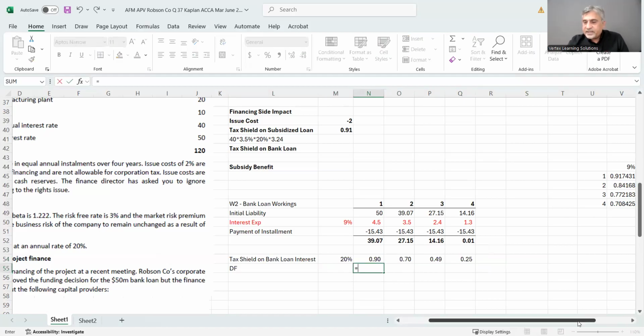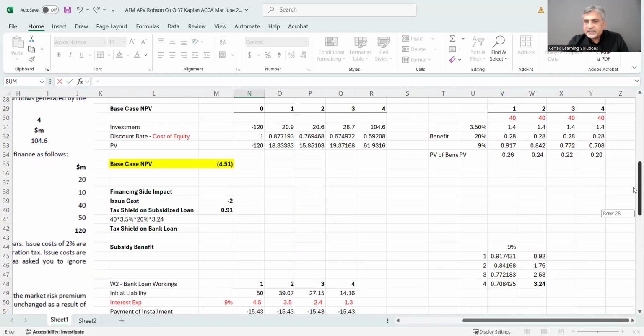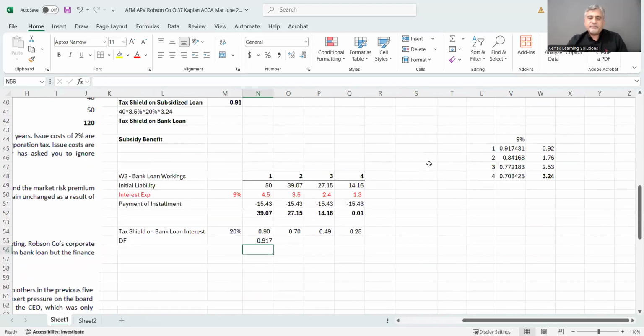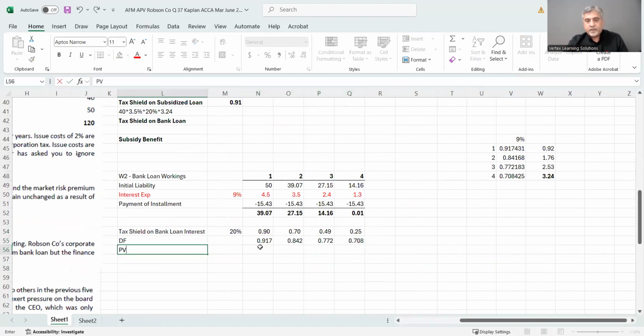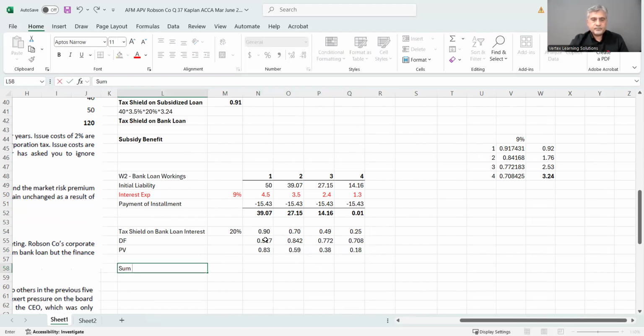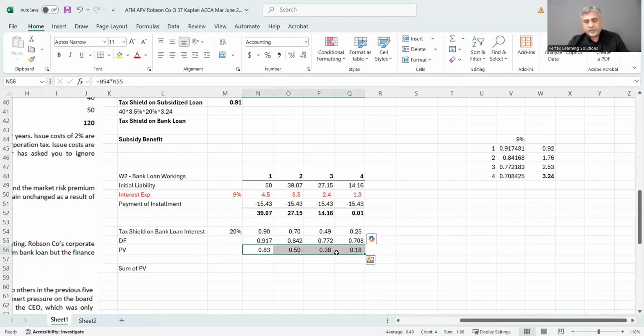Because I calculated them above, I will use the 9% discount factors. You can take them from the book or wherever we have already calculated them. The present value of this is the tax benefit. I multiply and then take the sum of present values. So these are the four present values.